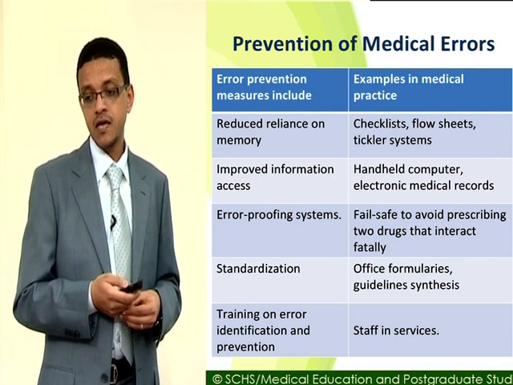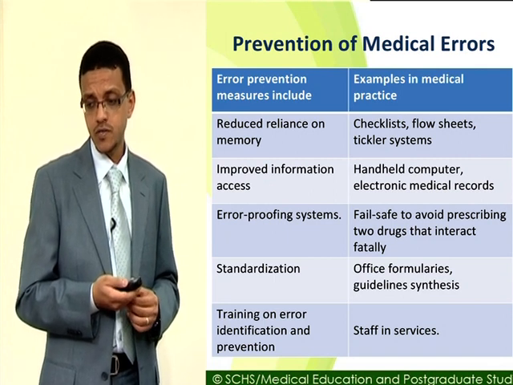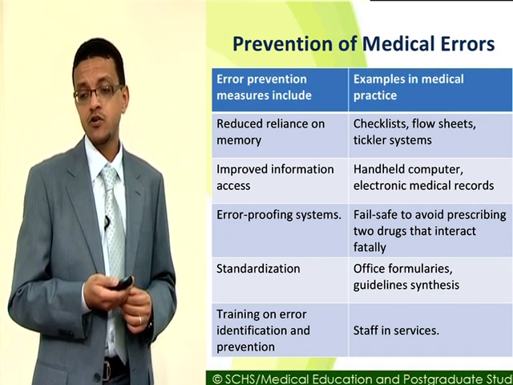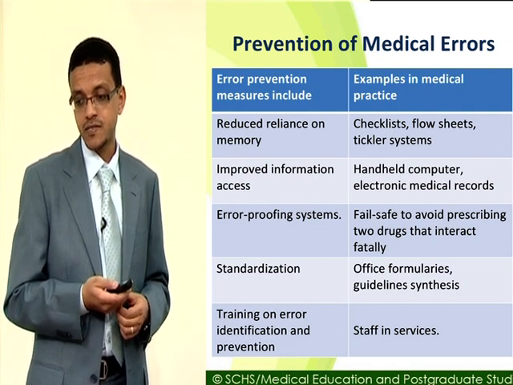Now, especially with the iPods and iPads and smartphones, it's getting so much easier to find what you are looking for. Improved information access, handheld computers, electronic medical records, error-proofing systems, fail-safes to avoid prescribing two drugs that interact fatally.